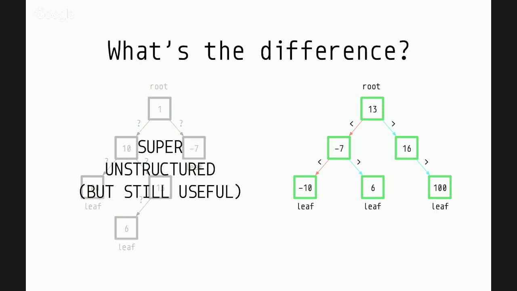Building things up in this way proves to be very useful. So that's what we're going to talk about for most of this talk, because binary search trees are the reason that you learn binary trees.